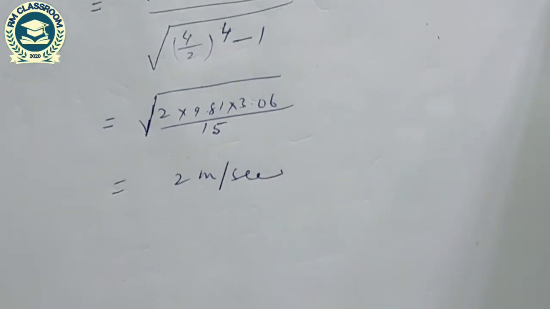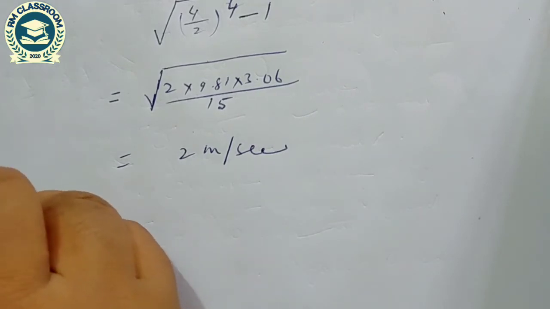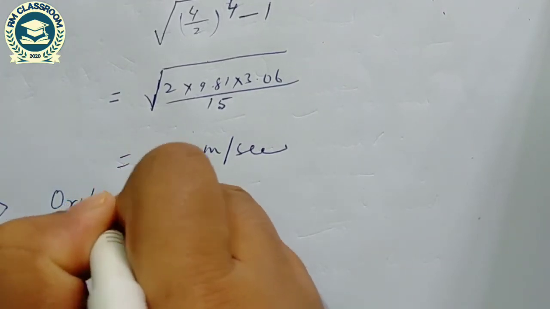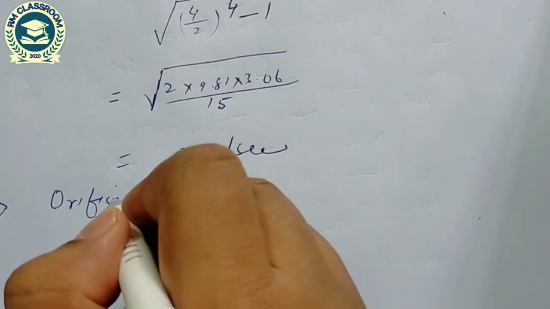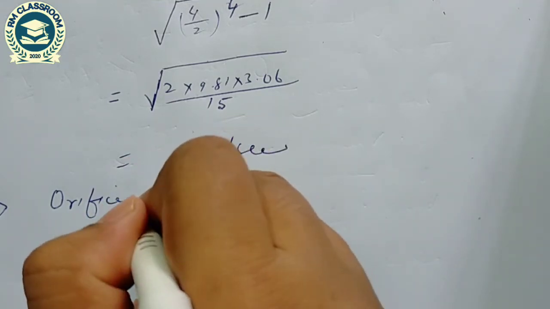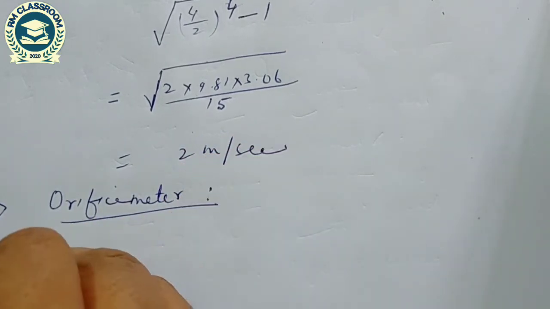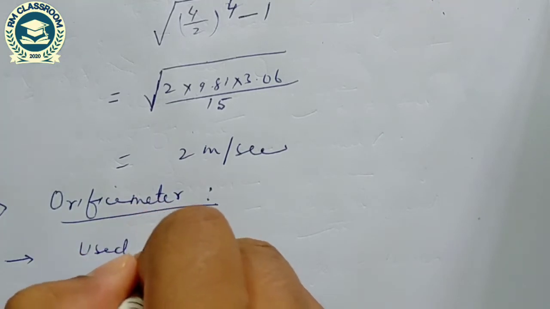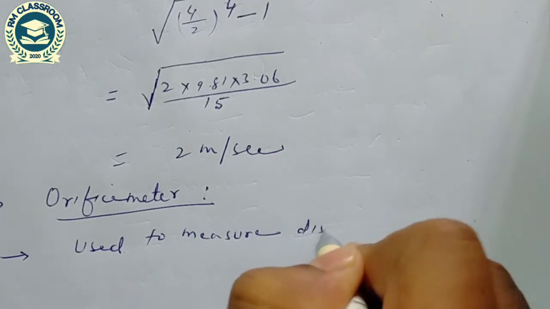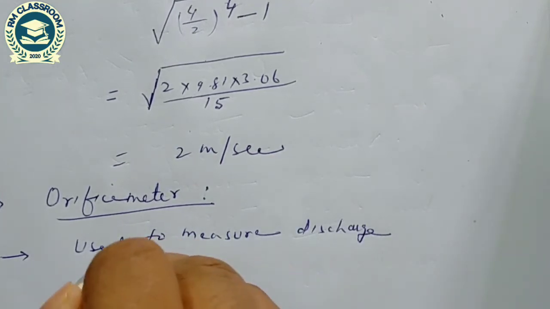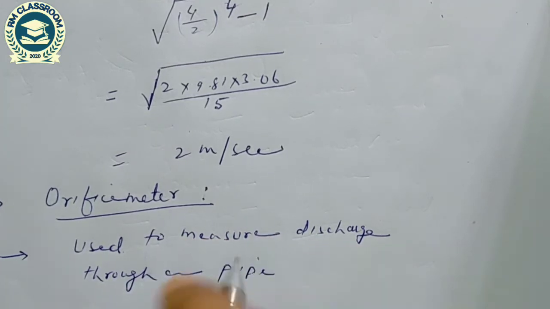Now I am going to discuss another flow measuring device, that is the orifice meter. This device is used to measure discharge through a pipe.